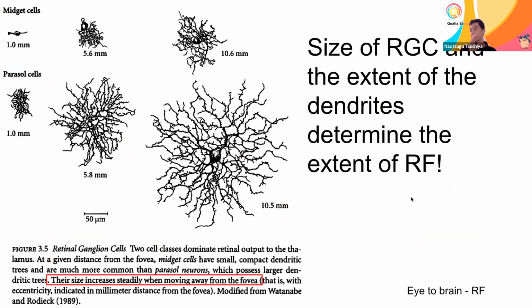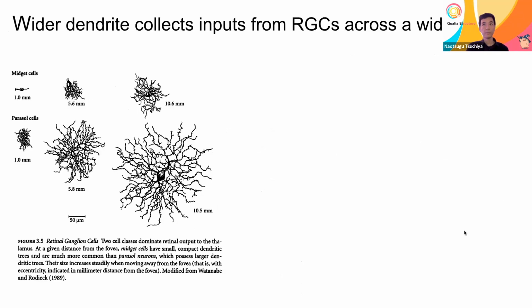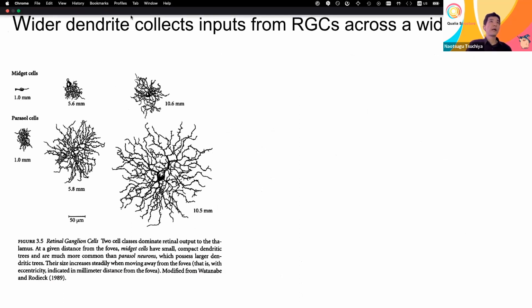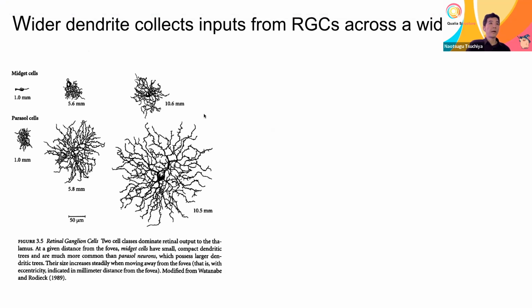So the size of the retinal ganglion cell and the extent of the dendrites determine the extent of the receptive field, because the extent of the dendrites is the determinant of how this cell responds to input from the outside. So wider dendrites collect inputs from a wider area.